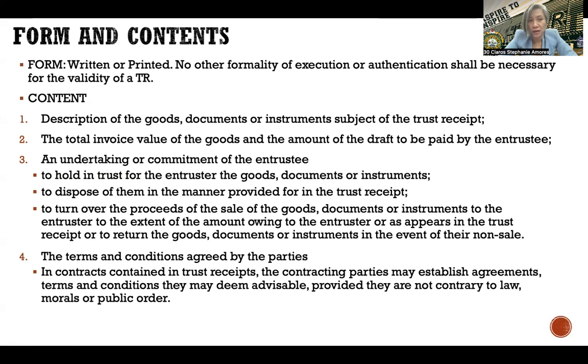And lastly, there must be an undertaking that the entrustee will turn over the proceeds of the sale of the goods, documents, or instruments to the entruster, to the extent of the amount owing to the entruster or as appears in the trust receipt. And in the event that the goods cannot be sold, then the entrustee must return those goods, documents, or instruments to the entruster.